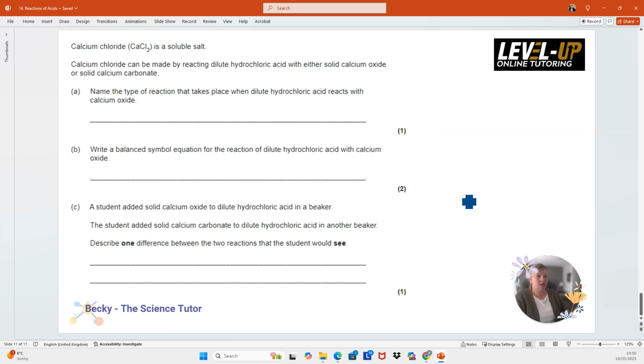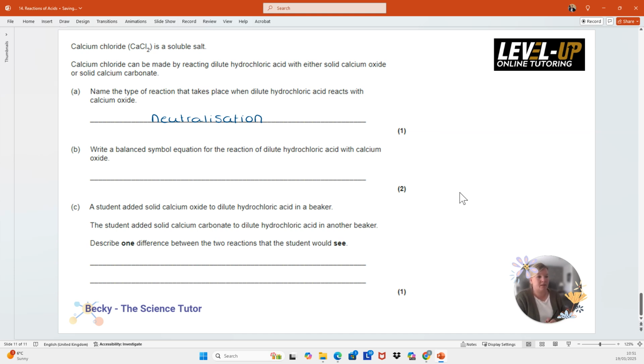Calcium chloride can be made by reacting dilute hydrochloric acid with either calcium oxide or calcium carbonate. As long as we are getting that metal to produce the calcium chloride, then either would produce it. Name the type of reaction that takes place when dilute hydrochloric acid reacts with calcium oxide. It is going to be a neutralisation. Both of them, in fact, would be a neutralisation reaction because we're producing that salt and water.